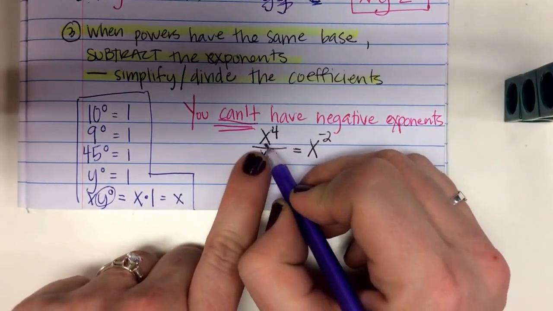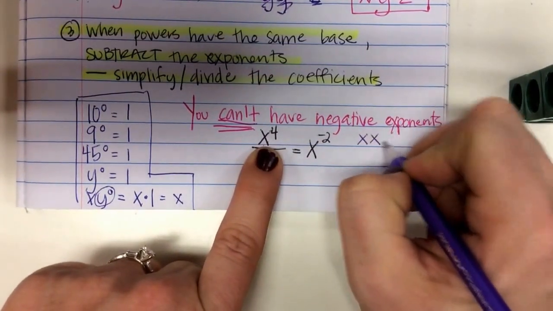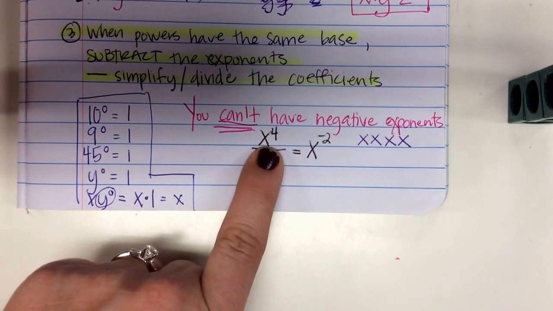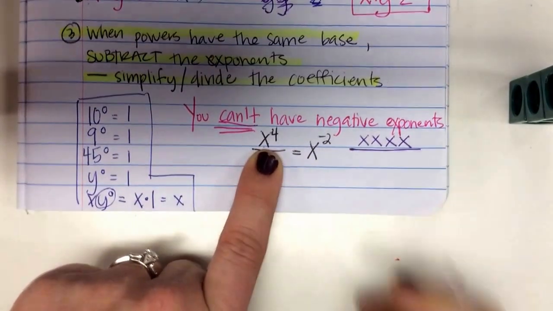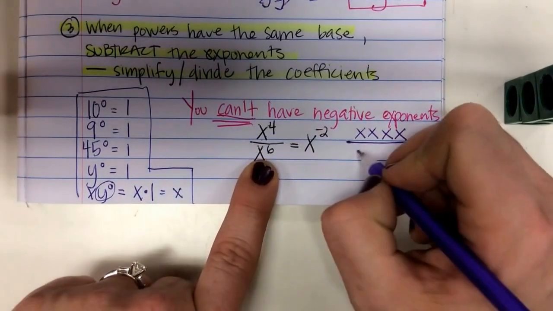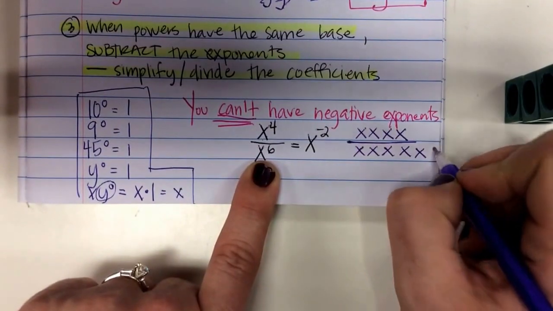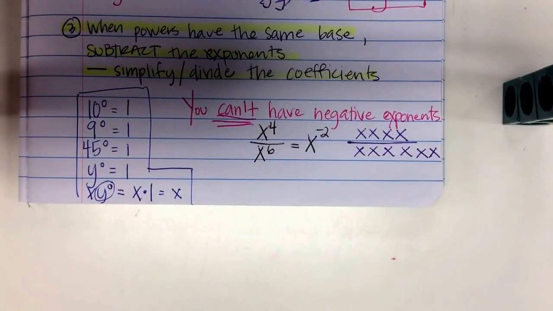Instead of x to the 4th, what would you write? 1, 2, 3, 4. 4 x's over. Instead of x to the 6th, what would you write? What else can I do?